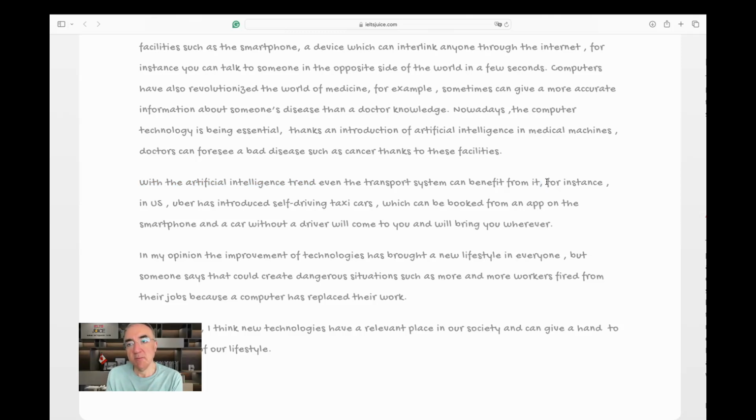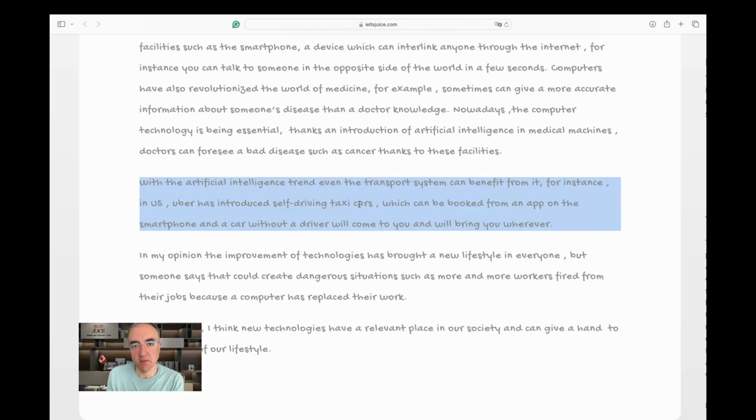And then I need, before examples, which are very good, but we keep using them too early, I need a sentence here to first explain the concept to me, and then I need an example. For instance, in the US, Uber, good one, has introduced self-driving taxi cars. Yeah, this is redundant.